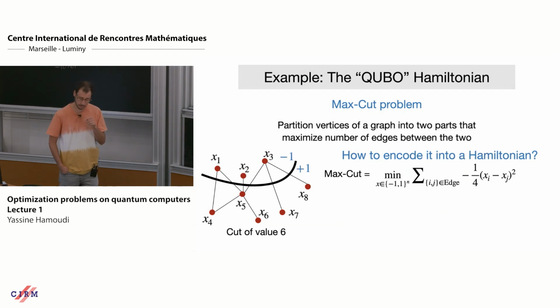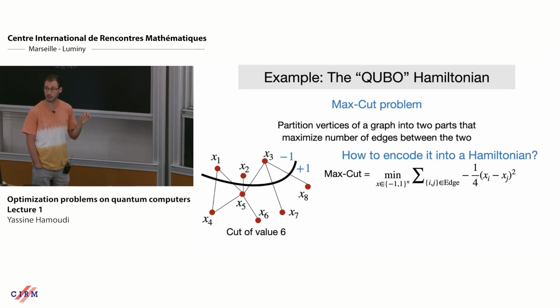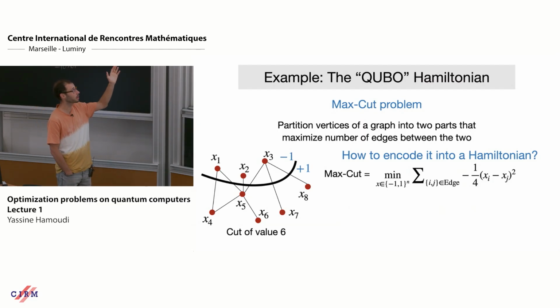So let's do it step by step. I will show you how to construct the Hamiltonian. What we'll do is we'll introduce binary variables, one for each vertex of the graph. So here we have 8 vertices and variables x1 up to x8.